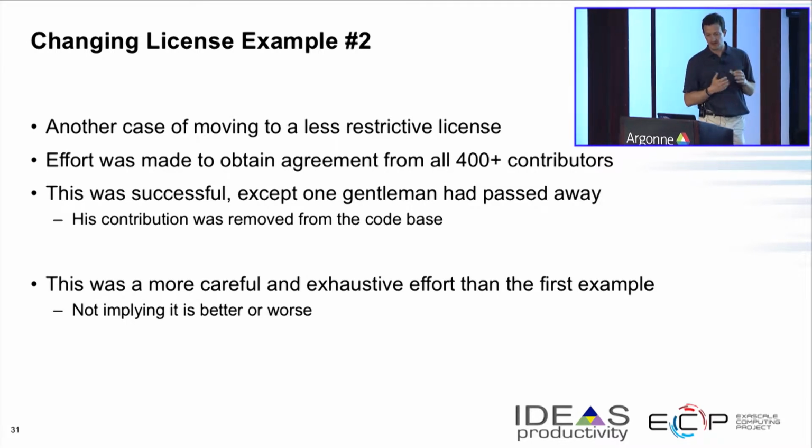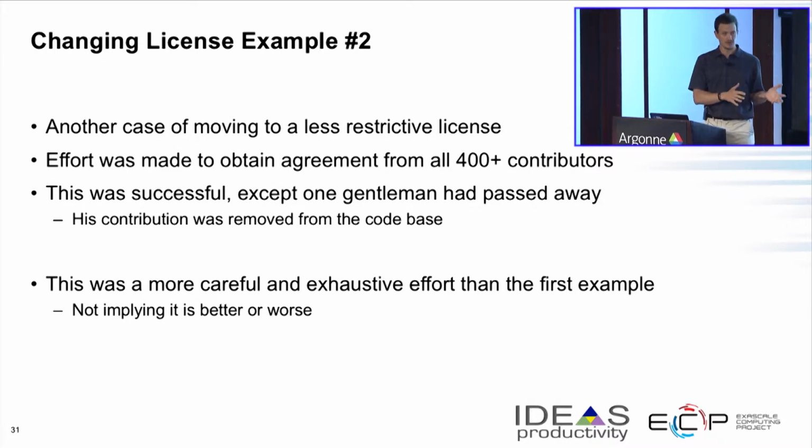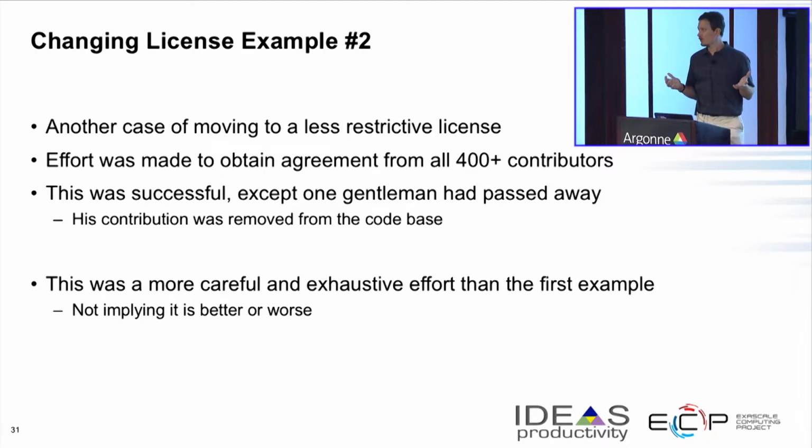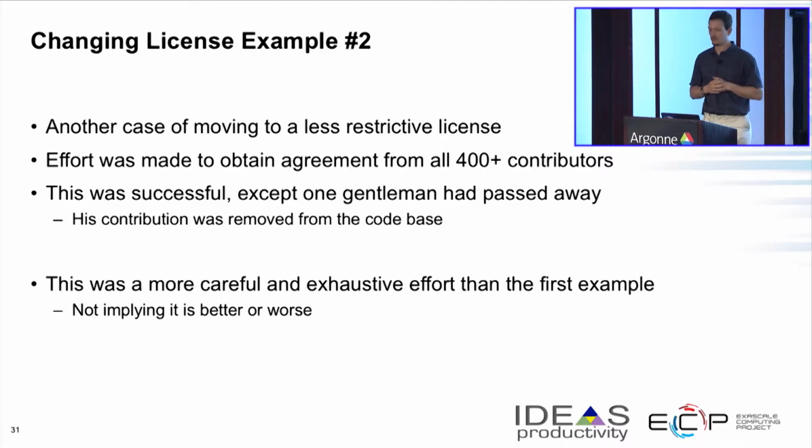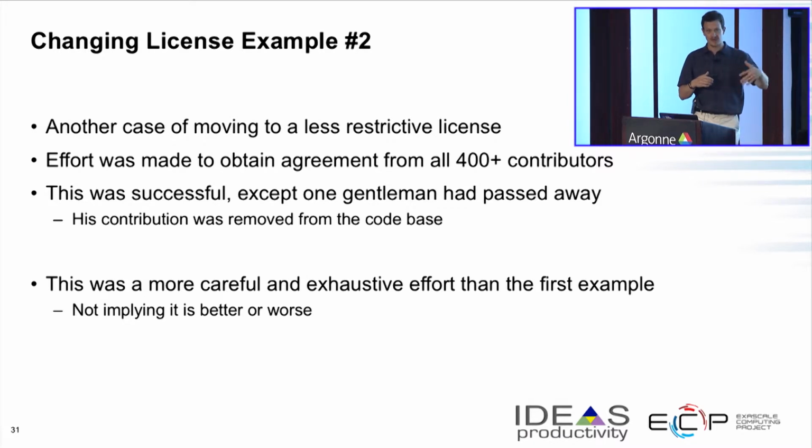So here's another example. There was another product that was going from a copyleft to a more permissive licensing model. And they had over 400 external contributors to this. And they actually went through the process, regardless of the size of the contribution, of getting agreement from every single one of them. And this particular project had a much shorter history than the previous example. The previous example had more than a decade or 15 years of history, and so going back to every single contributor was fairly difficult.